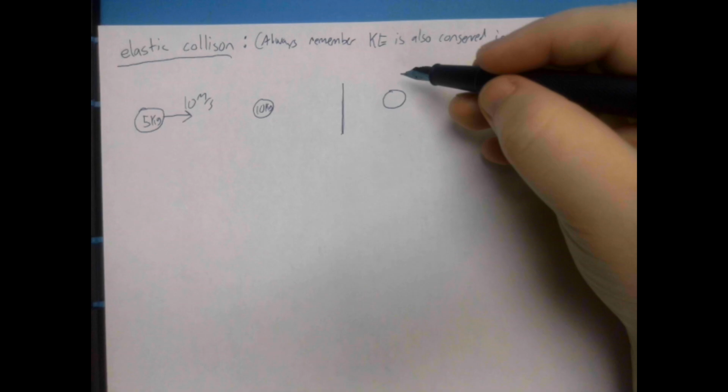So before, our momentum is mass times velocity, and it has to equal the momentum after the collision.